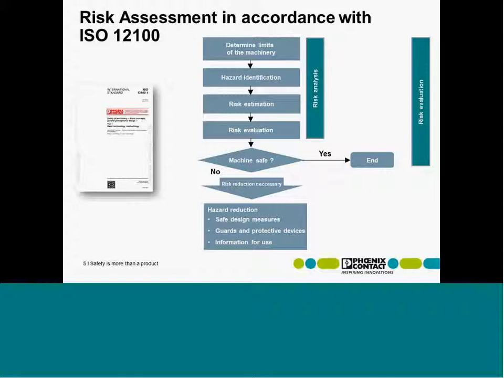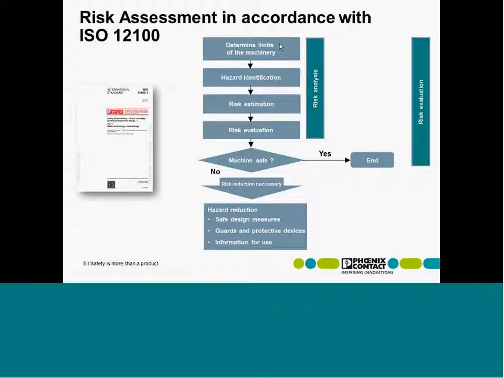The general procedure is shown on slide number 5. We start with the first step, which is called determination of the limits of the machinery. That means you have to define the so-called intended use of the machine, that is, the typical application the machine has been designed for.